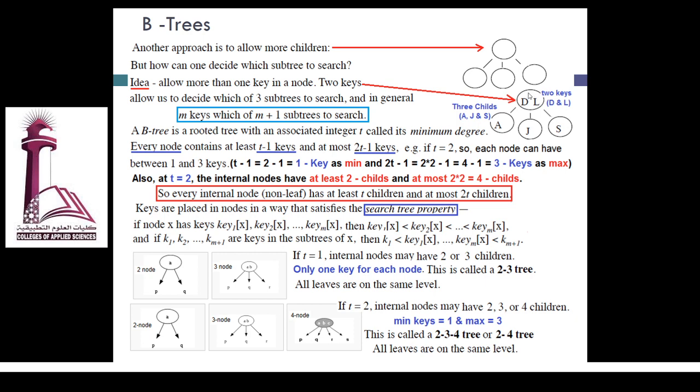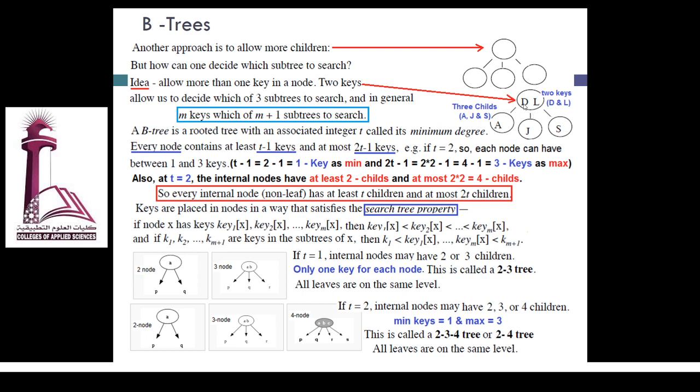So if it has 2 keys, then it must have 3 children. This is the rule regarding the children. And also, since it is a search tree, the left child must be lesser than the parent and the right child must be greater than the parent. So the same rule. You can see an example here.